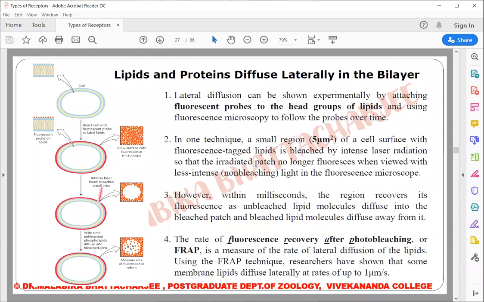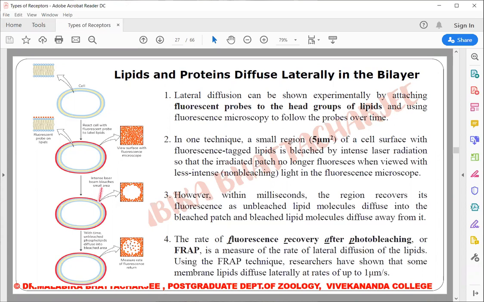You can see the lipid molecules bearing fluorescence from the adjacent areas are moving into the bleached areas, and this area is again giving a fluorescent color. So this was a very efficient experiment to prove that lipid molecules diffuse greatly through the bilayer.